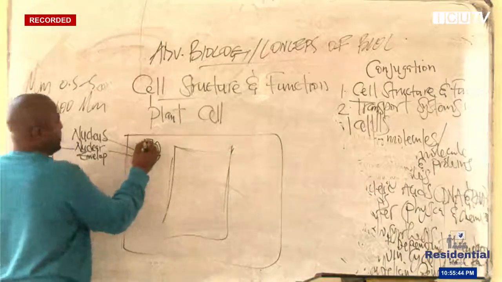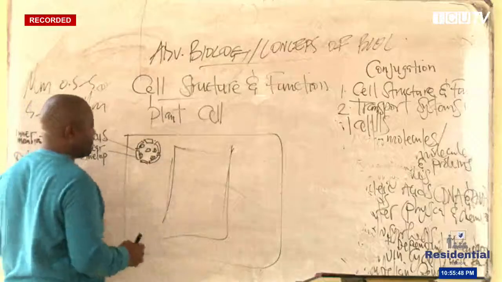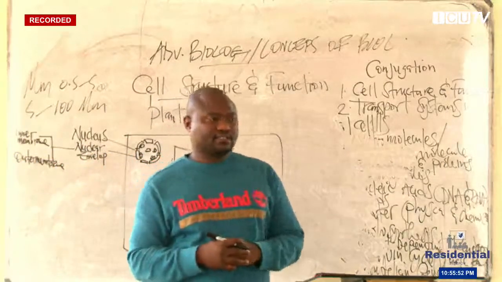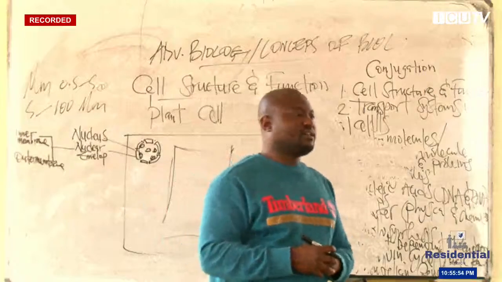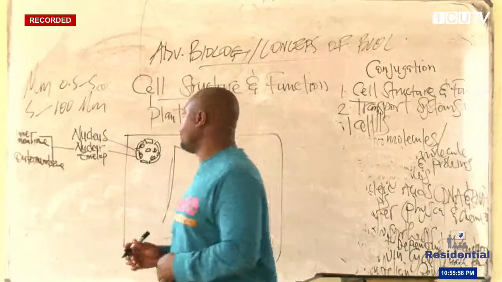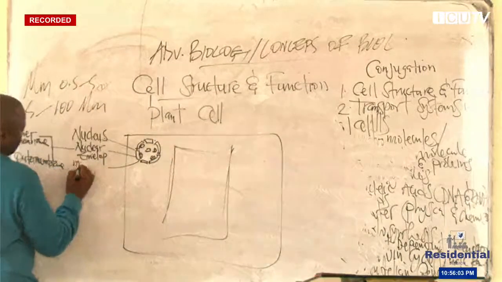Then as you can see here, there are these small holes that I have sketched. These are called the micropores. They are small holes known as the micropores.